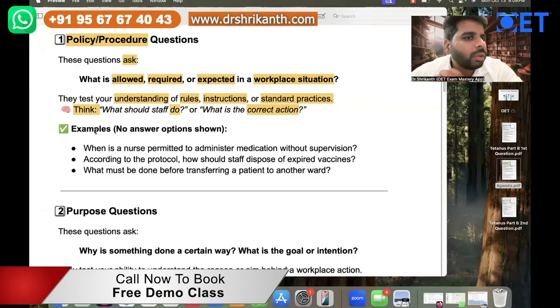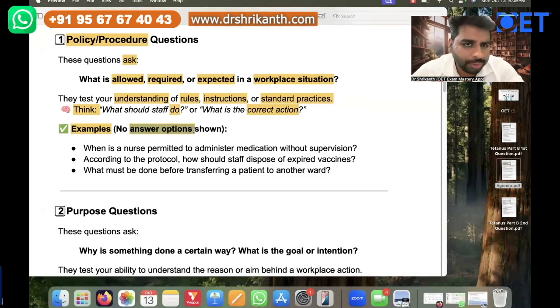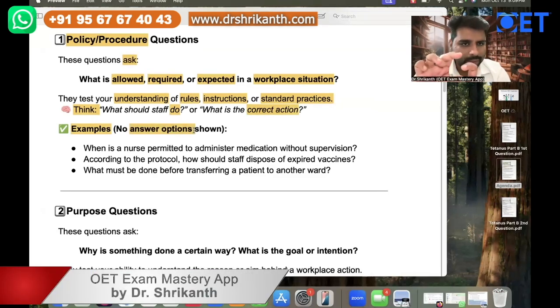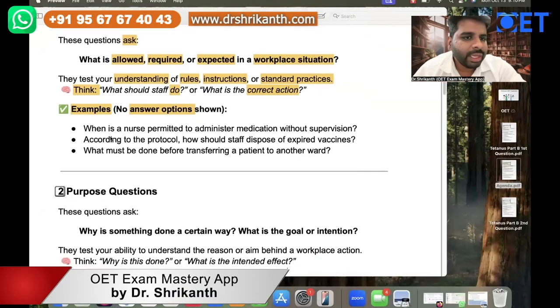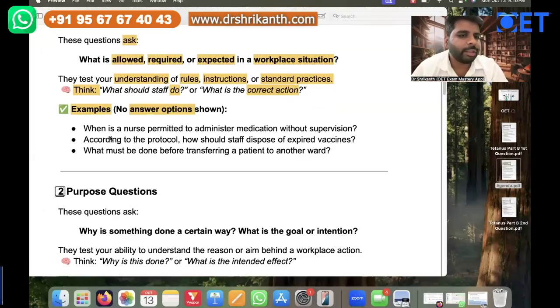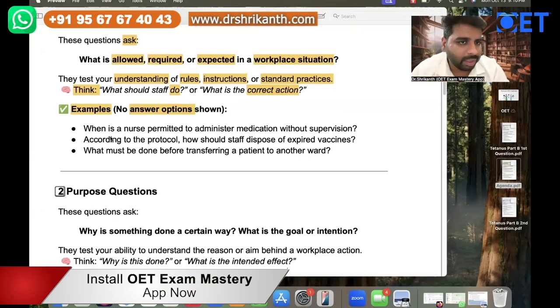So let's see some example questions of part C. Here I have not shown the answer options. Usually we have one question and below that we have answer options, but here I'm not showing the answer options because these are example questions. So imagine that you are doing a reading part B question, and this is the question: when is a nurse permitted to administer medication without supervision?